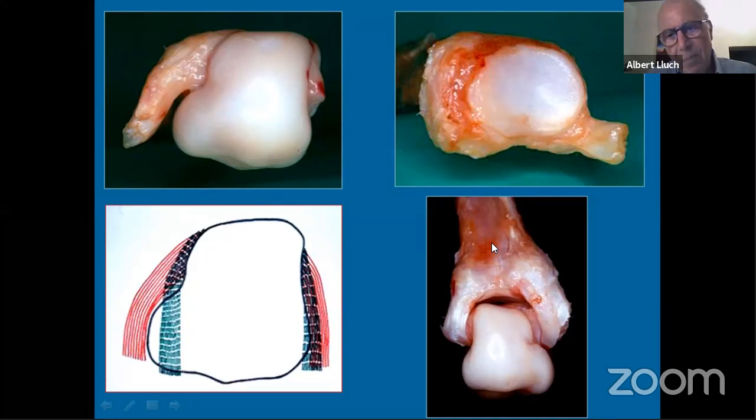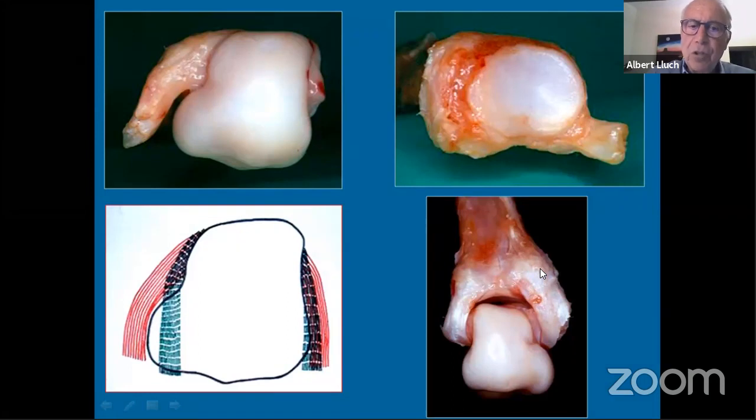And if we hyperextend the joint, we'll see that the collateral ligament not only inserts on the most volar part of the proximal phalanx, it really inserts underneath the proximal phalanx. And why is that? This is to protect the proximal phalanx from subluxating volarly from the force of the flexor tendons, intrinsic and extrinsic extensor tendons.